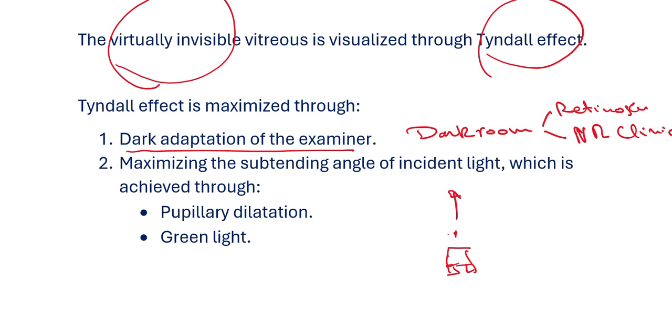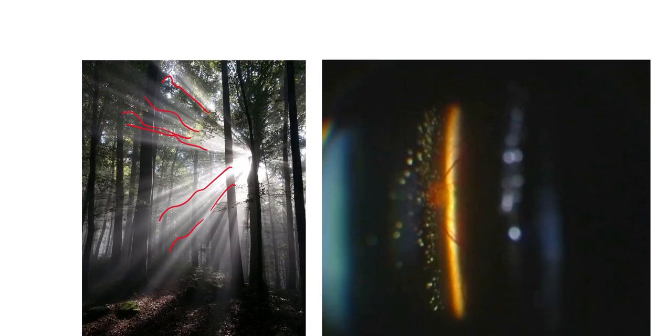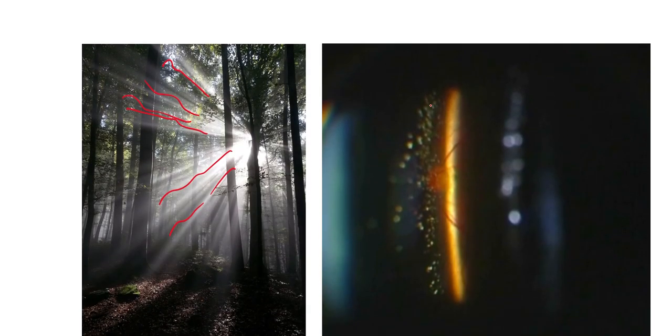If you move this light arm slightly 15 degrees or 30 degrees to maximize the subtending angle, you'll have better Tyndall effect. This is evident here, where you have the light arm subtending an angle to the visualizing arm or the microscope arm. So you can see through Tyndall effect these vitreous opacities.